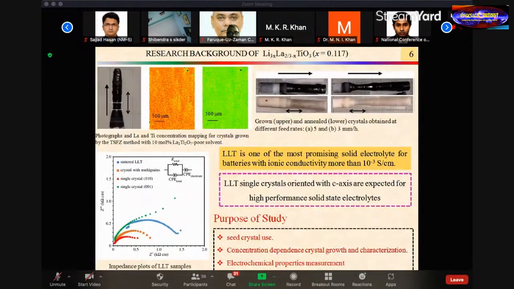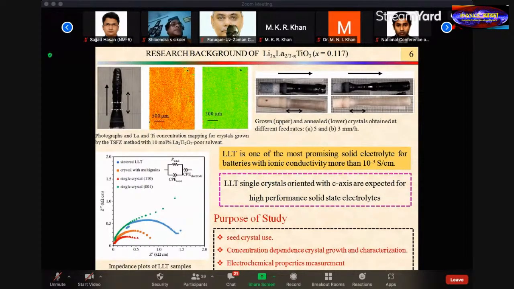So the research background of the materials I am using: at the University of Yamanashi, Professor Samarium worked on the lithium lanthanum oxide materials and they found high ionic conductivity, and it is expected that if these materials are studied, grown, and used in solid electrolyte materials, then they may be used in some light devices.